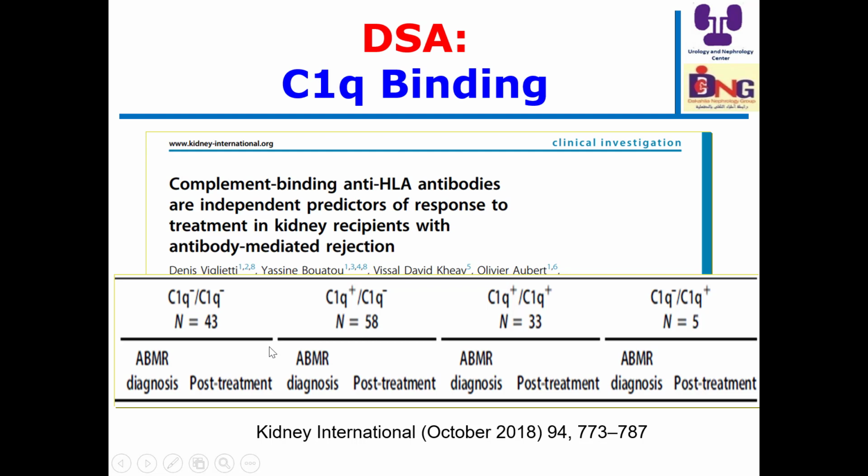And based on these points, we have C1q negative at the time of antibody-mediated rejection, C1q negative after 3 months, C1q positive then became negative, positive and persisted positive, negative and changed into positive.